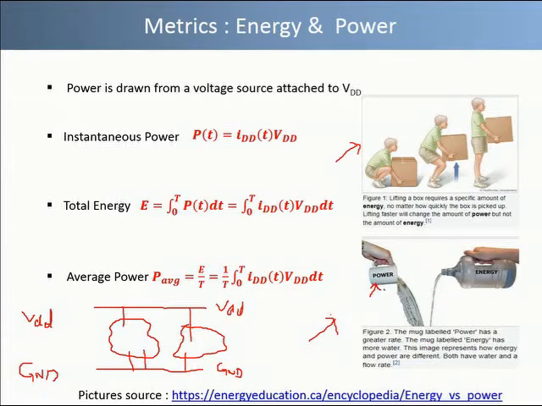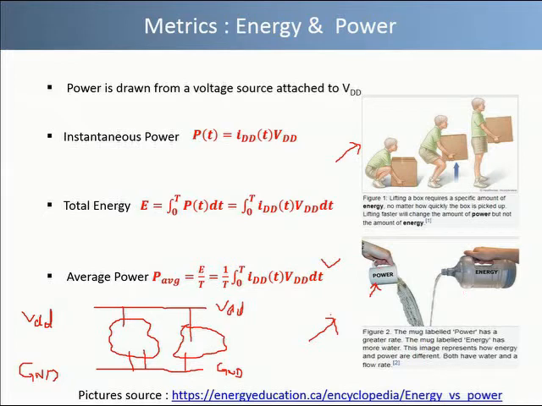So from here we can see that the mug is delivering more water in a given amount of time, but the total amount of water delivered is less than this jug. So the analogy is that the mug has high instantaneous power but low energy. So the mug is delivering more power but it has low energy.